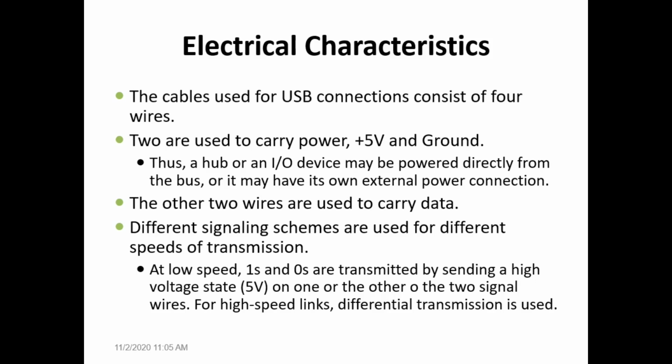To transfer 1, we use plus 5 volt on that signal; to transfer 0, we do not supply the power, or we make it ground. That is low speed. In higher speeds, the amount of voltage to represent 1 and 0 may vary. This is the electrical characteristics of USB.